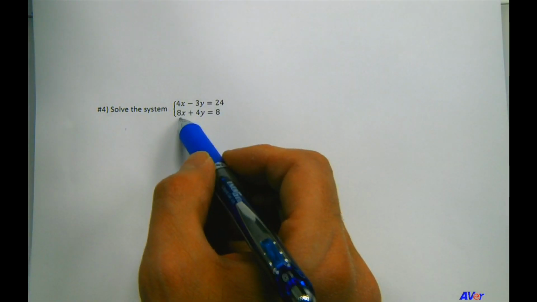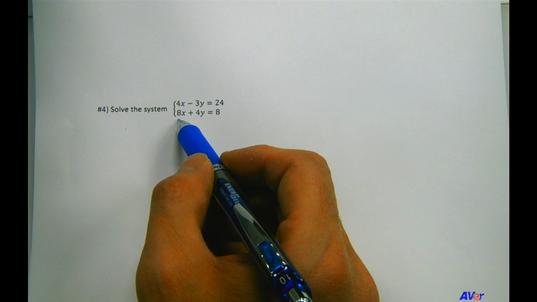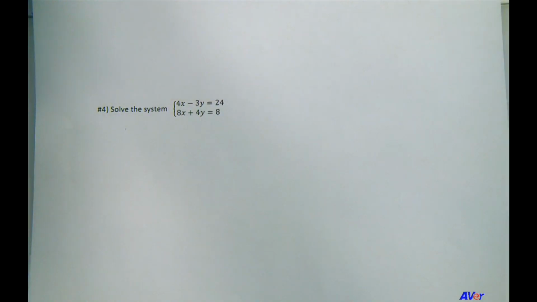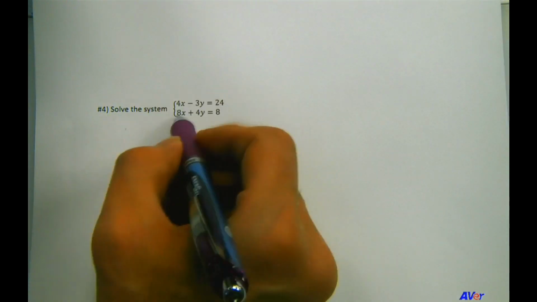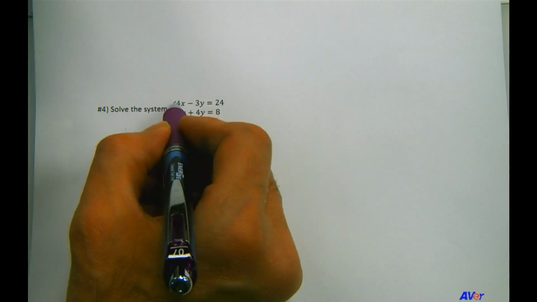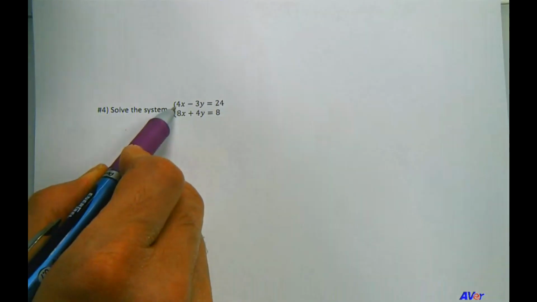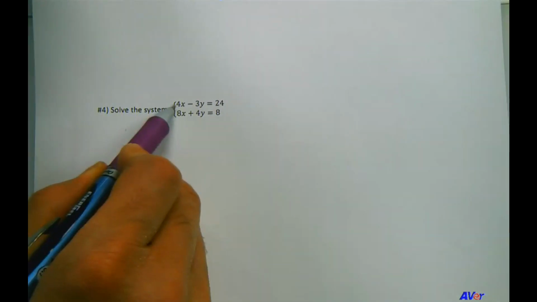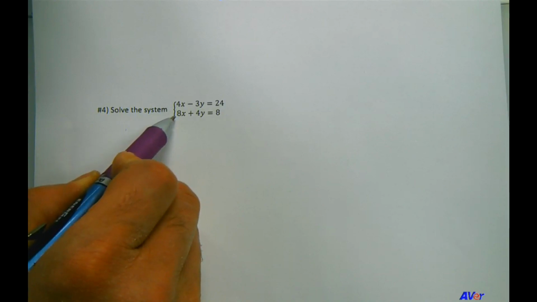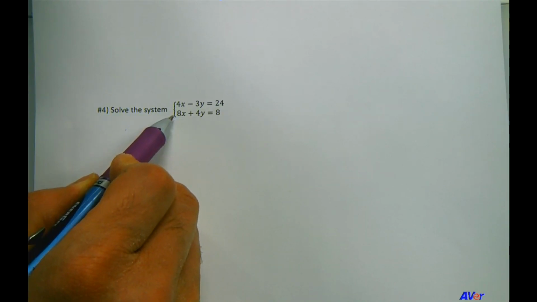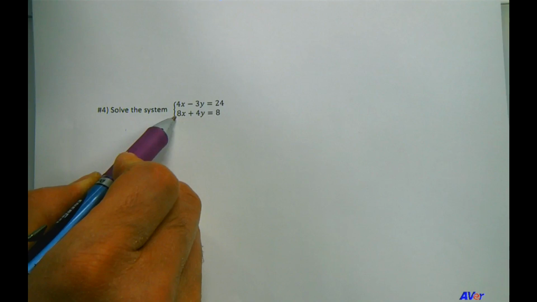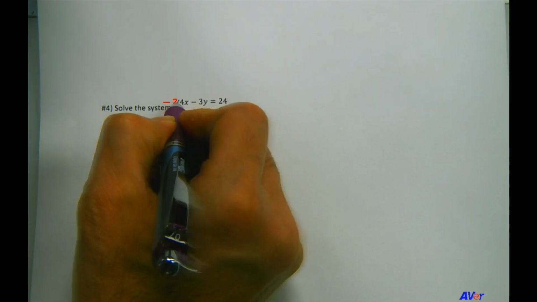All I have to do is multiply the top equation by a number to give me a coefficient of x in the top equation that is equal but opposite in sign to the coefficient of x in the bottom equation. And that would be minus 2.